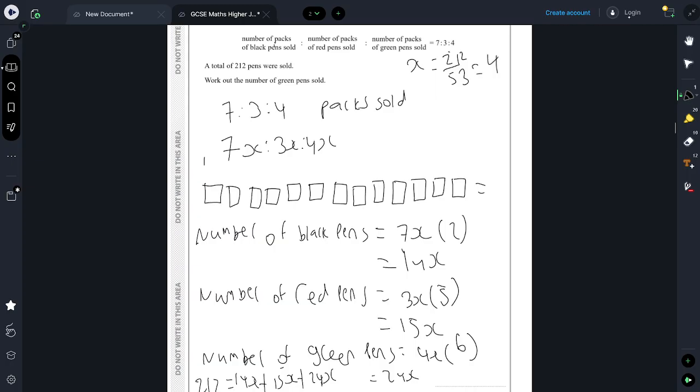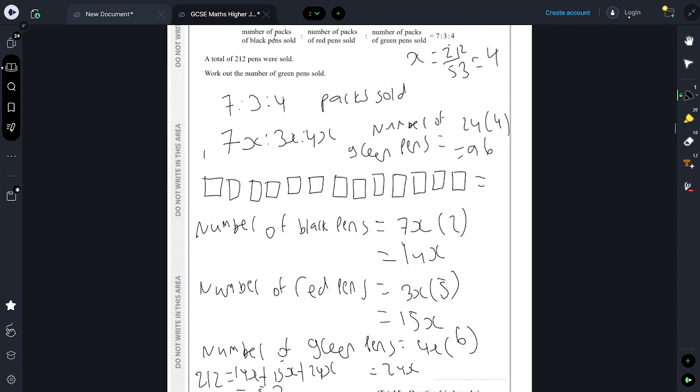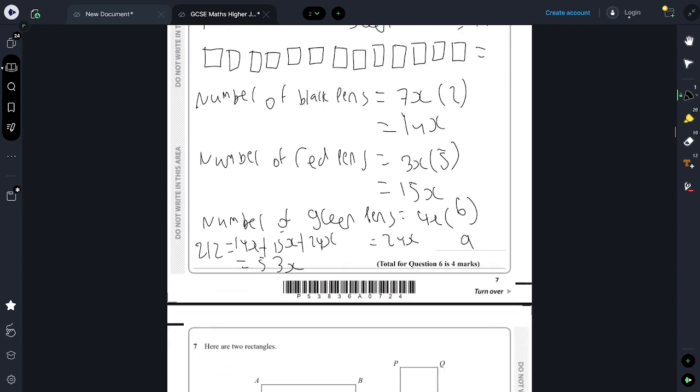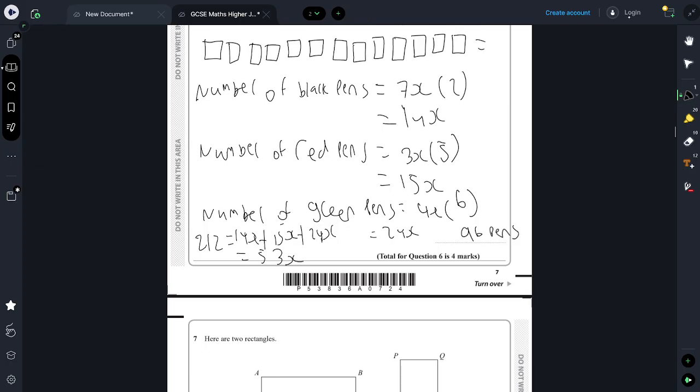So the number of green pens is going to be 24 times 4, because it's 24x normally, but we know x is 4, so it's 24 times 4, which is going to be 96, I believe. So that should be your answer. 96 pens. 96, lovely jubbly.